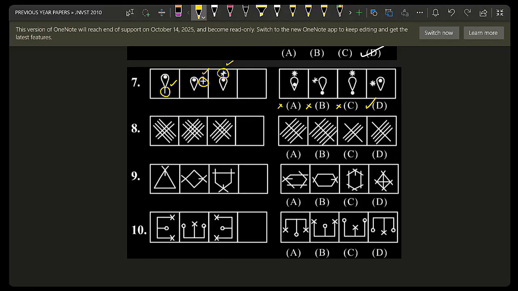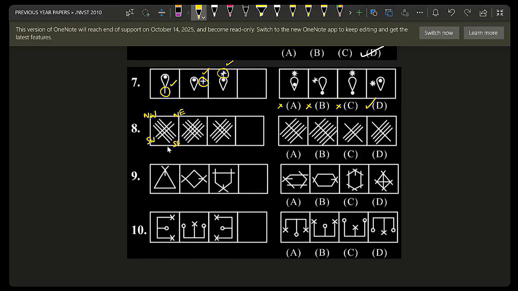Look at the figure. The lines are given in two orientations. The number of lines is increasing in one pattern and decreasing in the other. Let us say these lines connect northeast to southwest, and these lines connect northwest to southeast.